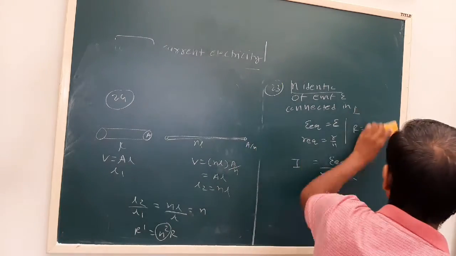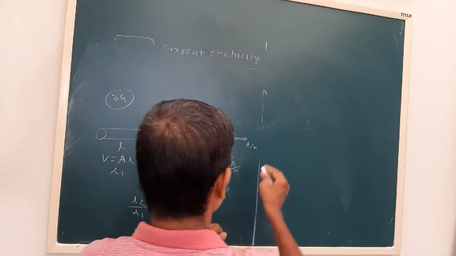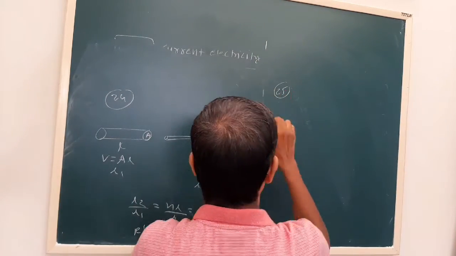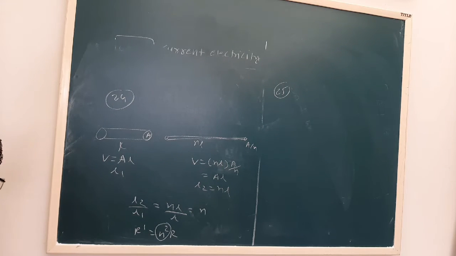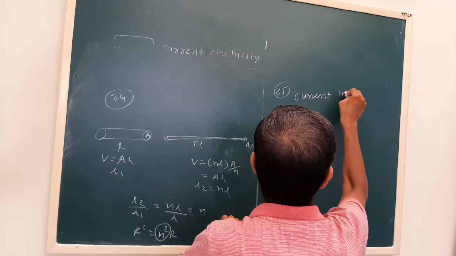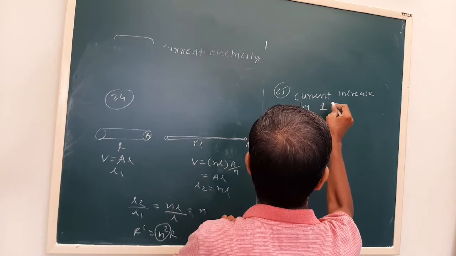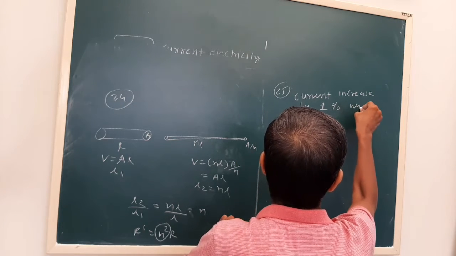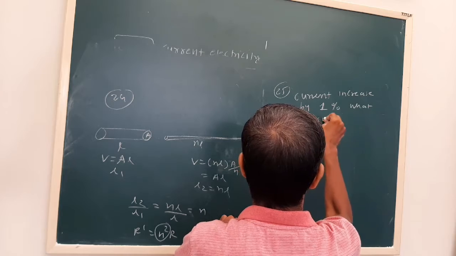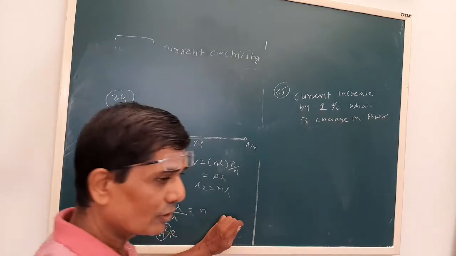Now see our next MCQ, that is number 25. If current in the bulb increases by 1%, what is the change in power? Now what is the formula of power?